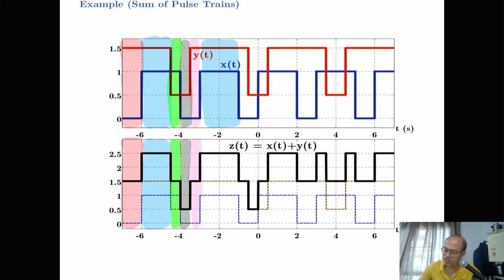This is the next one, and in the next one, y is 1.5 whereas x is 1. So if you add them, you get 2.5, and so on. So if you add x and y together, you're going to get the black signal z here. So you get the idea, right? You have to add them on an interval by interval basis. You can't skip them.